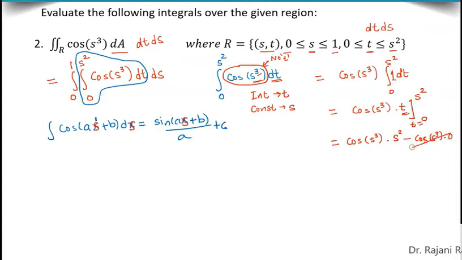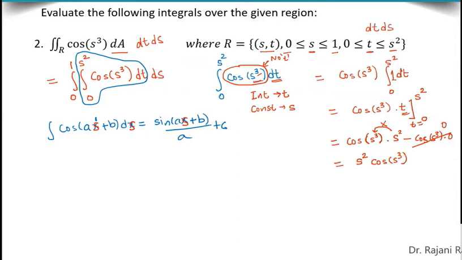Zero multiplied by anything becomes 0, so you are left with just this term. Don't make the mistake of multiplying s with the square inside the angle, this is wrong. These are the boundaries, nothing can go inside the boundaries, neither can we take anything outside. So it's better to write it as s square cosine s power 3.